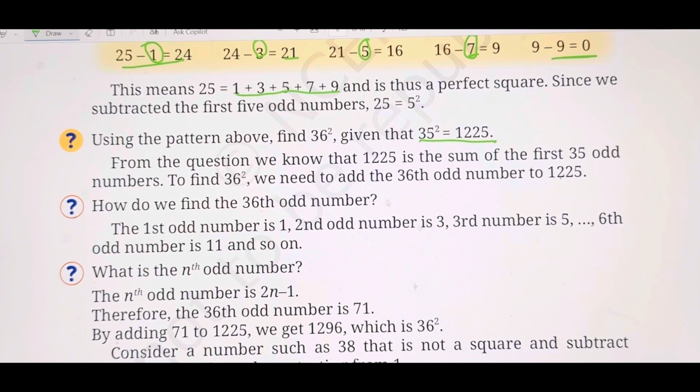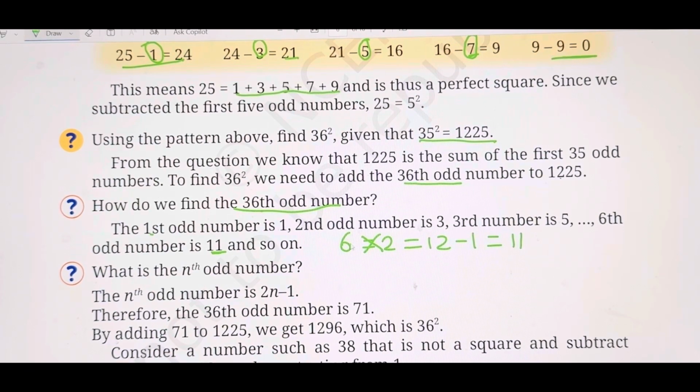So for that also there is a technique. So how do we find out the 36th odd number? Like first odd number is 1, second odd number is 3, third odd number is 5, sixth odd number is 11. So if you see a pattern over here, what is double of 6? 12. 6 into 2 is 12, minus 1, 11.